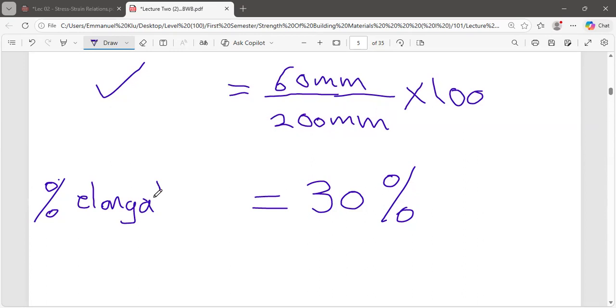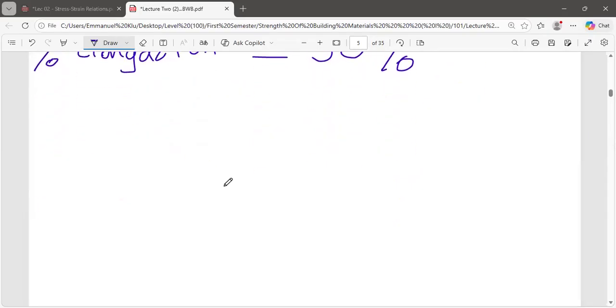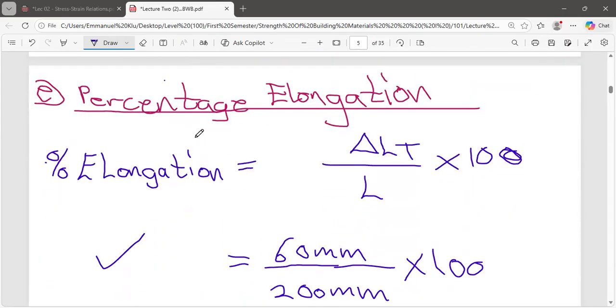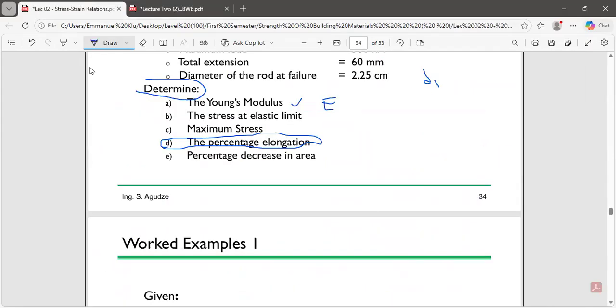So let's calculate for the last one, which is the percentage reduction in area. That becomes our next question.